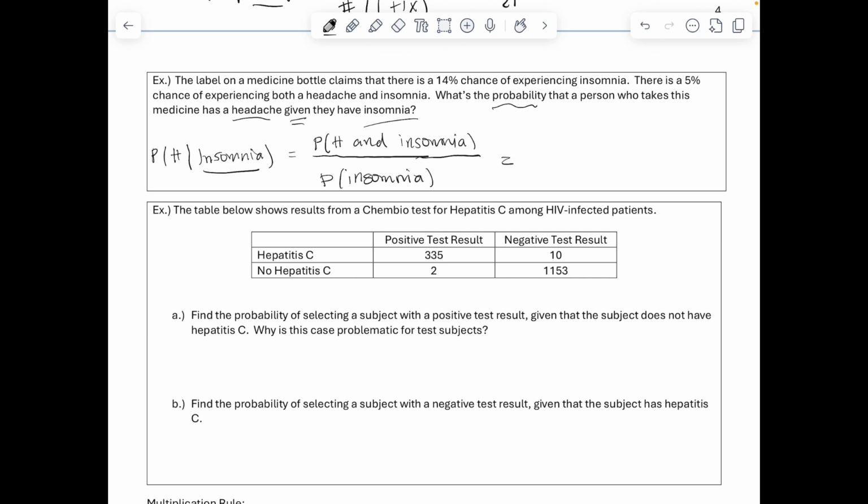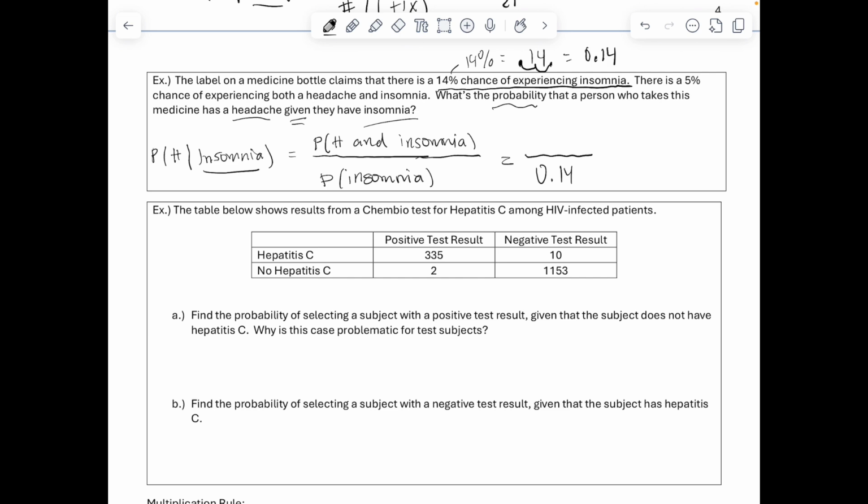And so looking at the numbers given, it says that there is a 14% chance of experiencing insomnia. And so 14% needs to be written as a decimal. And so remember, to change our percent to a decimal, we move our decimal point twice to the left. So this is equal to 0.14. And that's going to go in the denominator because this is only talking about insomnia.